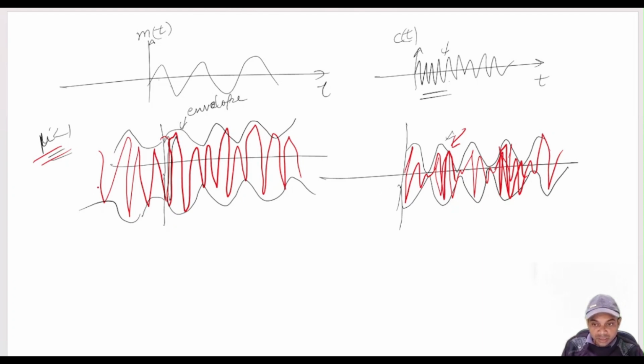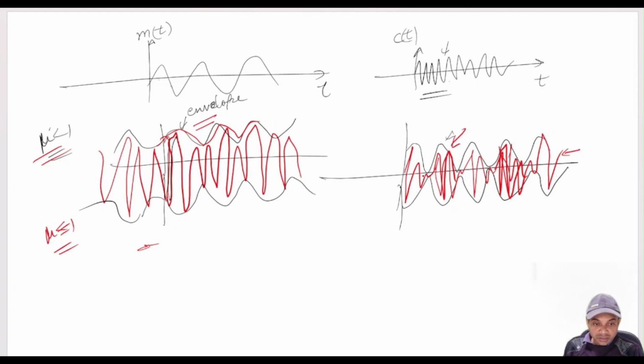If mu is more than one, then we cannot demodulate it, because the modulated signal will be distorted. This is the envelope. In the case of demodulation, we know that we use only a low pass filter, and the low pass filter will just follow the envelope and we will get the output.